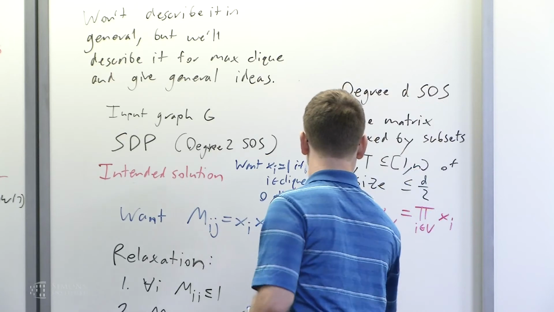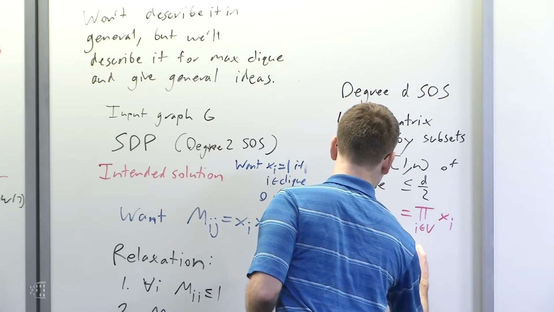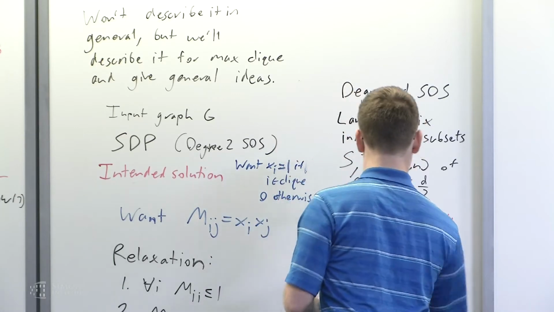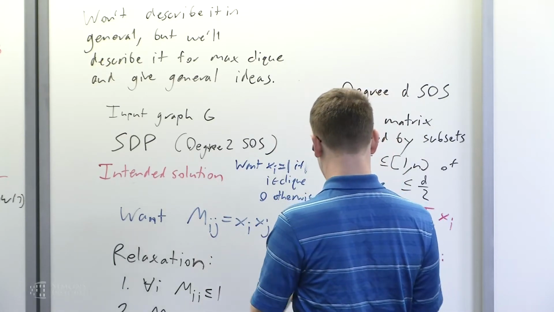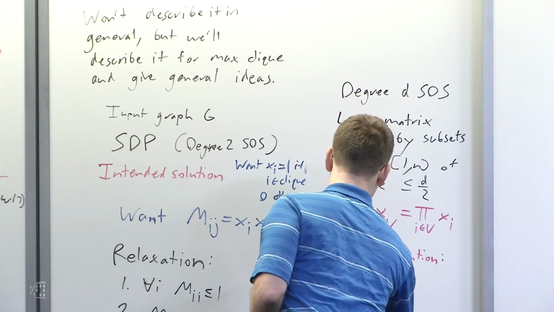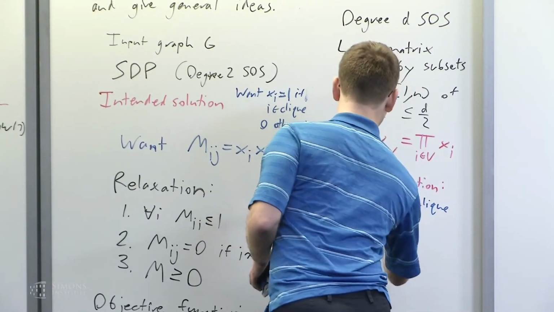So now, similarly to before, in our intended solution, we want xi equals 1 if i is in the clique, 0 otherwise.